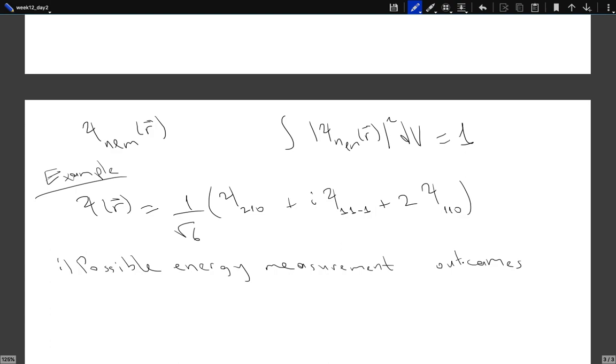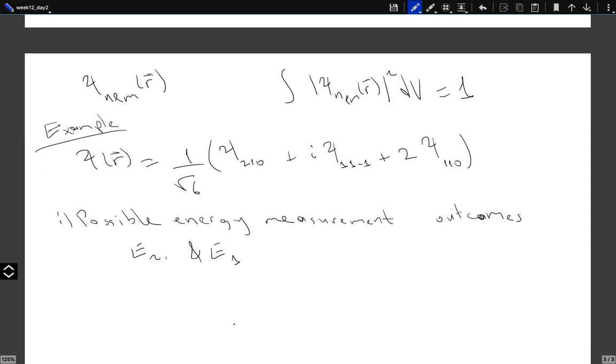But for a given wave function, it doesn't use all the building blocks. So not all the energies E_n are possible over here. The possible energies are n equal to 2 and n equal to 1. So the possible energy outcomes will be E2 and E1. For this electron, your energy measurement cannot yield any other value, only E2 and E1. Now, what is the probability of E2?